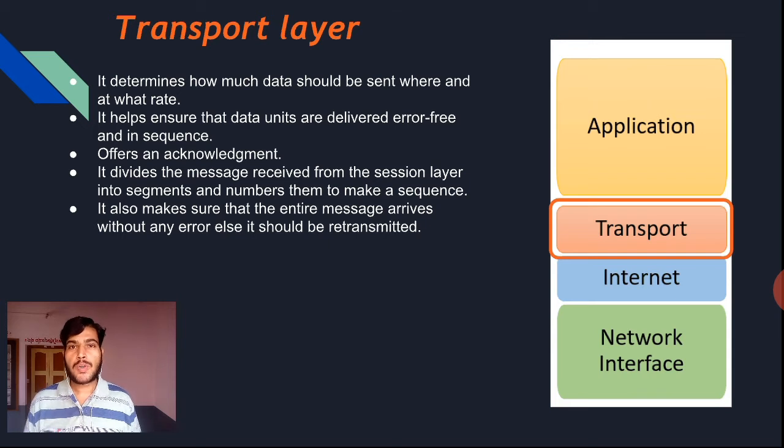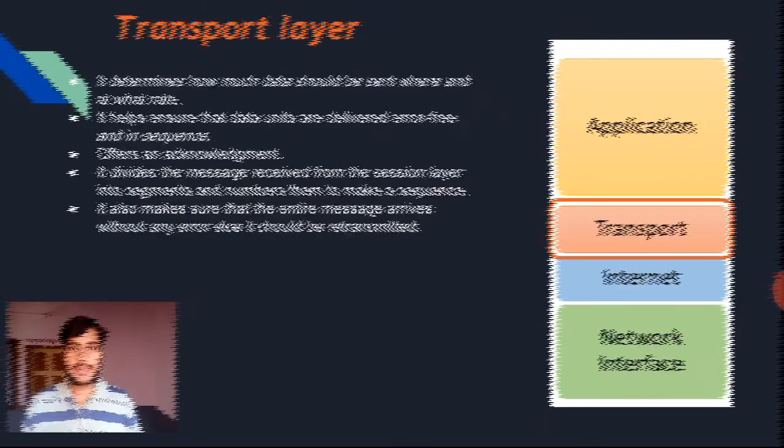It also ensures that the data sent through the network is error free, and it offers an acknowledgement for the successful submission of packets. If it receives a negative acknowledgement, that indicates there might be something wrong with the packet delivery. At that time, it makes the transmission process happen once again so that the segments reach the destination successfully. This is the most important functionality of the transport layer.